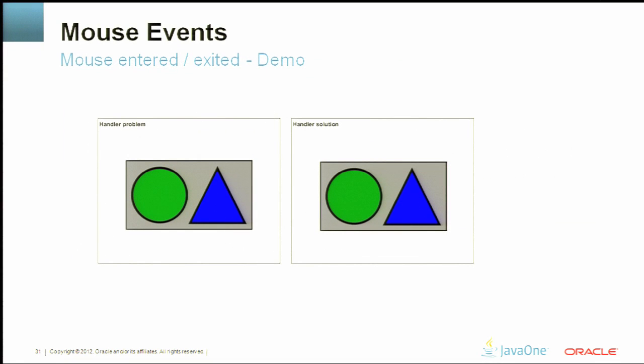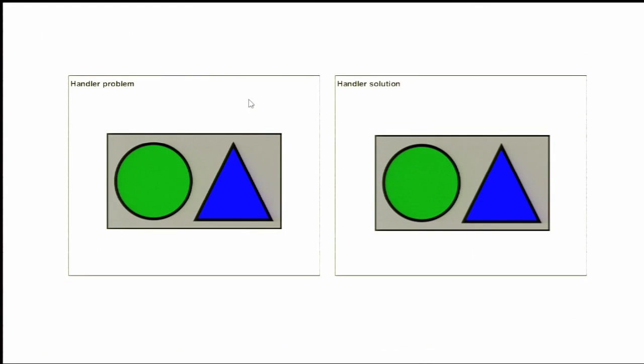I have here an example of one decision we had to make when we implemented mouse events. This is about mouse moved, mouse entered and mouse exited event handlers. Here I have an implementation of a simple scene where I change color when the mouse enters the scene and enters the circle and triangle, and change the color back when I leave the triangle.